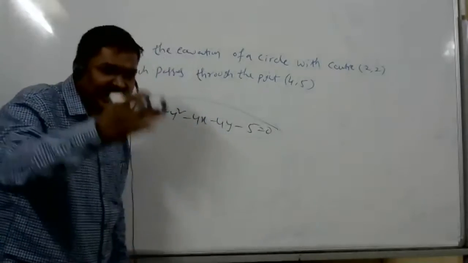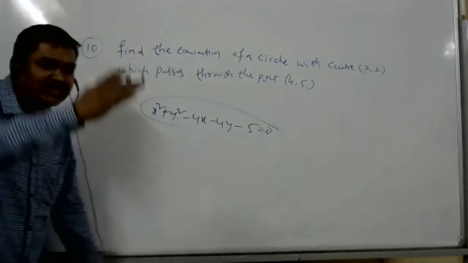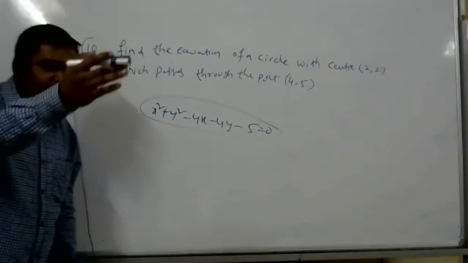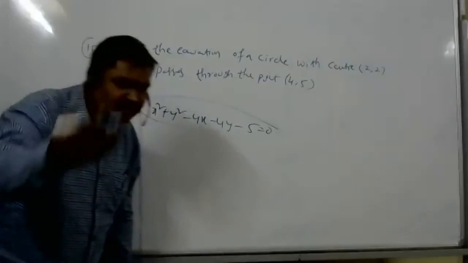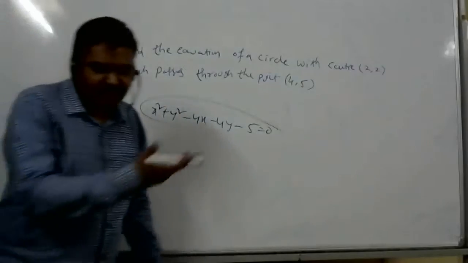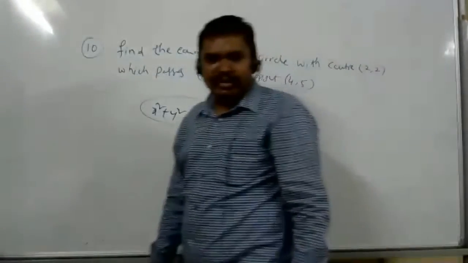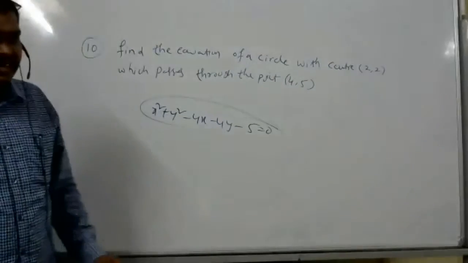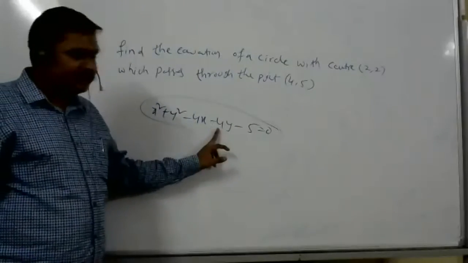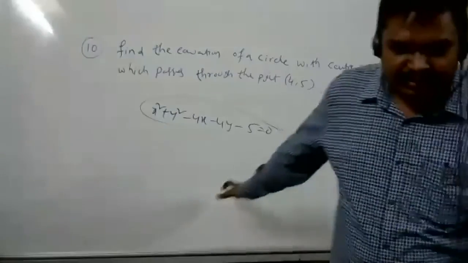Then since circle 1 passes through point 4 comma 5, substituting in place of x comma y: 4 minus 2 whole square plus 5 minus 2 whole square is equal to r square. R square is equal to 13. Then substituting in the required circle: x minus 2 whole square plus y minus 2 whole square is equal to 13. Then x square plus y square minus 4x minus 4y minus 5 is equal to 0. That is the final answer.